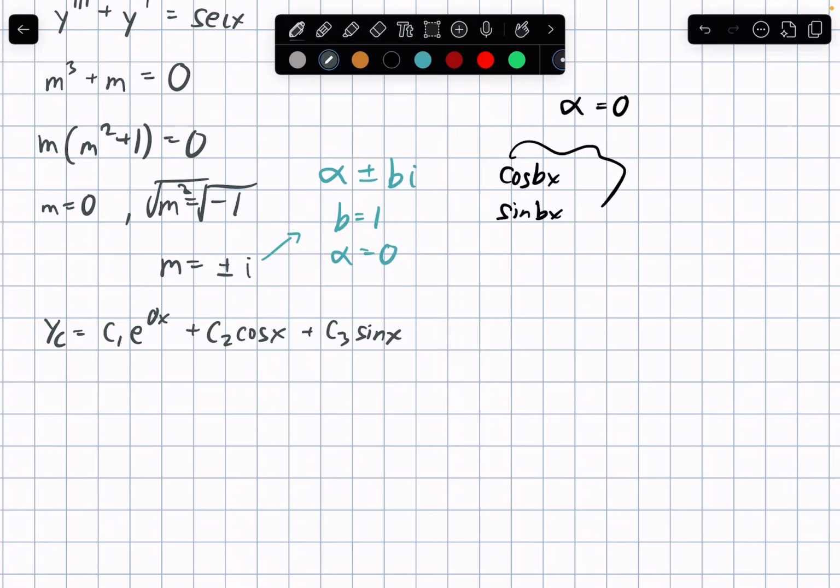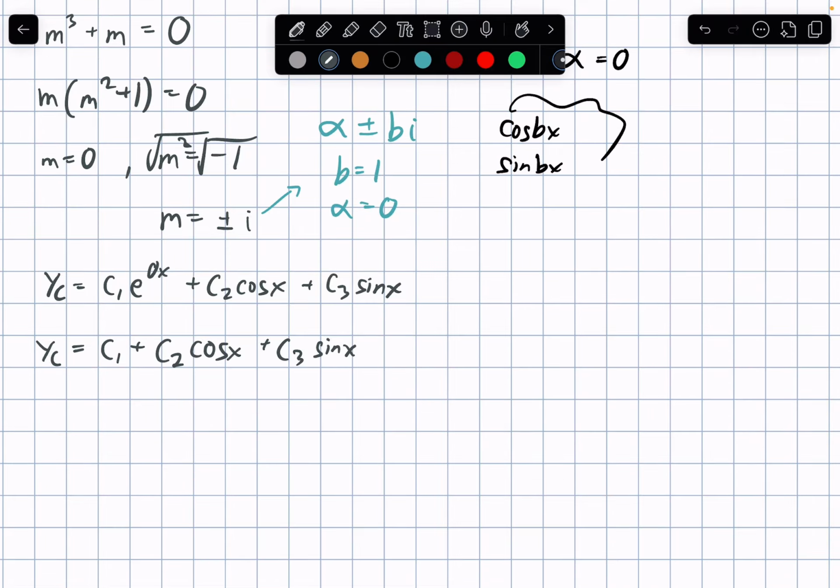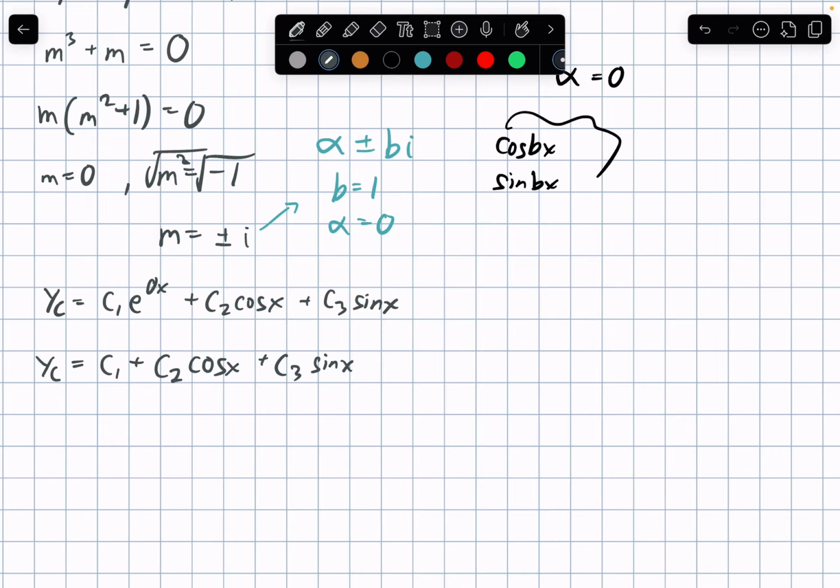Actually we can simplify this. E raised to 0x is just C1, just a constant. So later, when you are about to write your y sub p, you're going to make a guess. Avoid constants. It's going to conflict already. Okay? So that is for your yc.